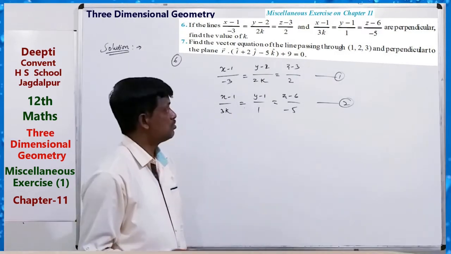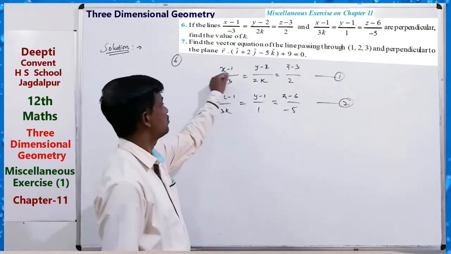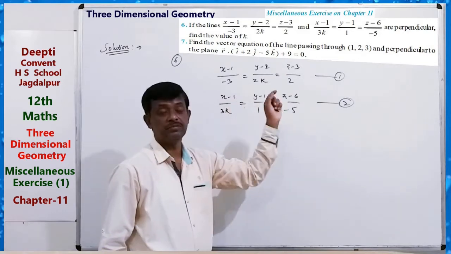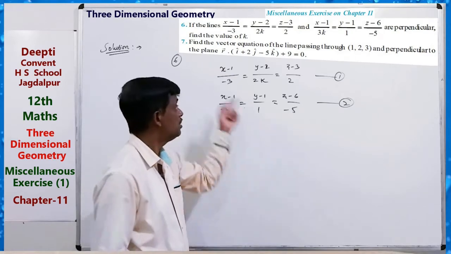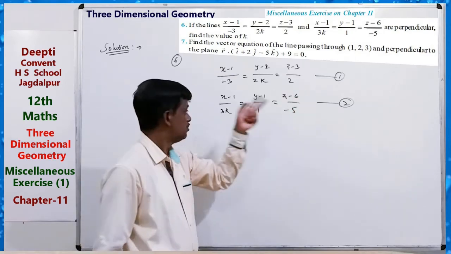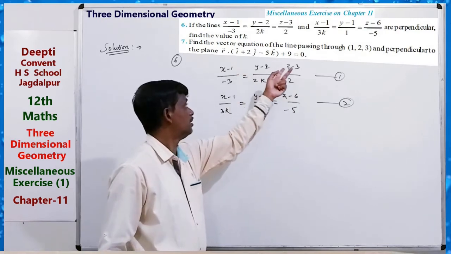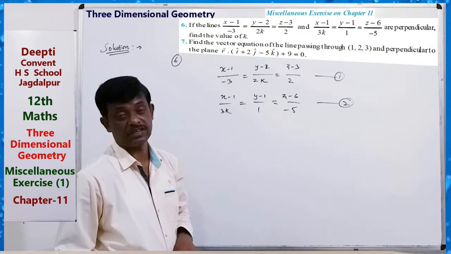Our standard equation of a straight line is written like this: (x minus x1), (y minus y1), (z minus z1) upon A, B, C. A, B, C are the direction ratios of the line, and x1, y1, z1 is the point through which the straight line passes.